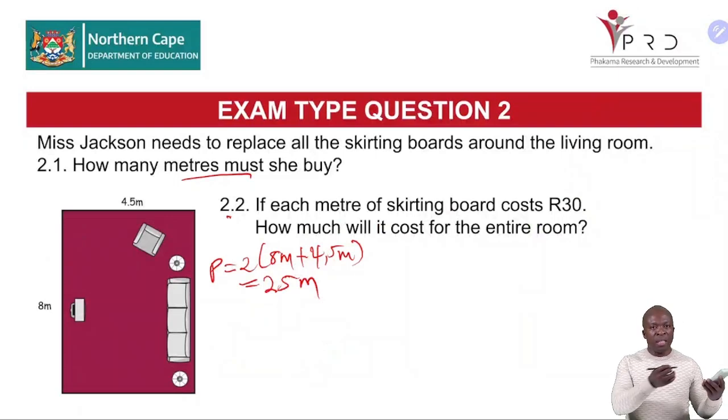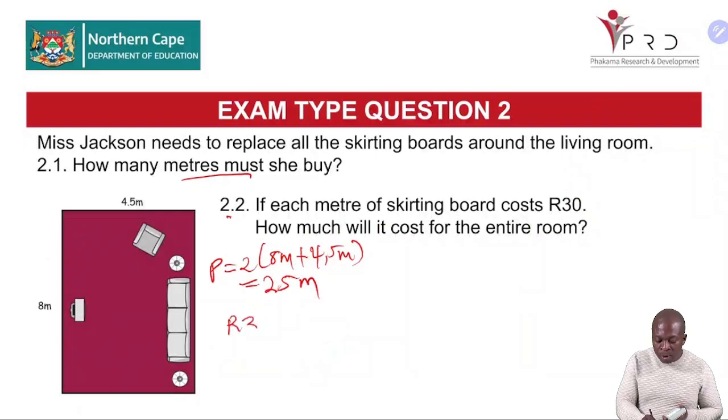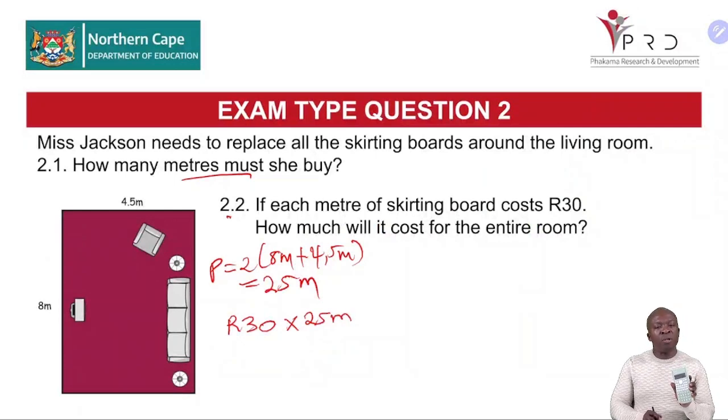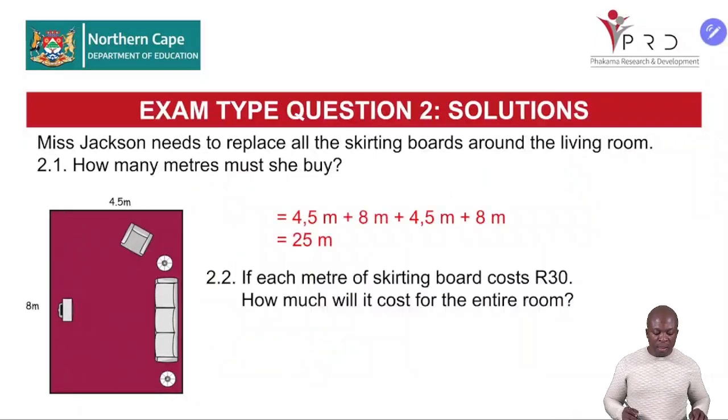Just like we did before, we take our 30 rand and multiply it by the 25 meters that we have to buy. So already you have your 25 on your calculator. What I need you to do is multiply that by the price per meter, which is 30. So it's going to cost us 750 rand.